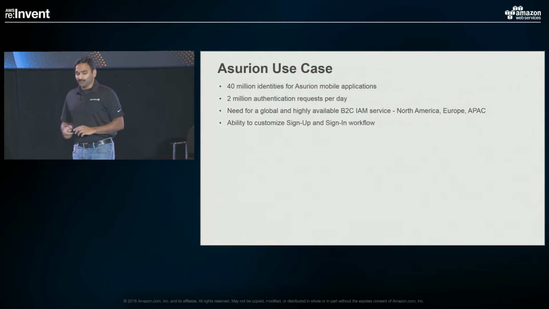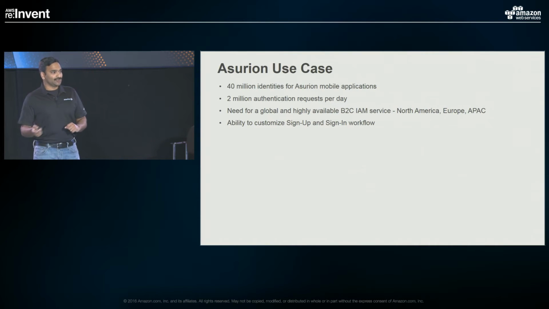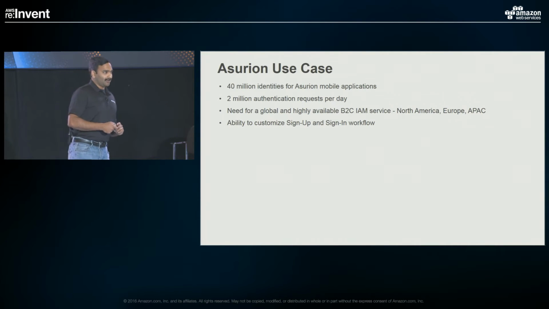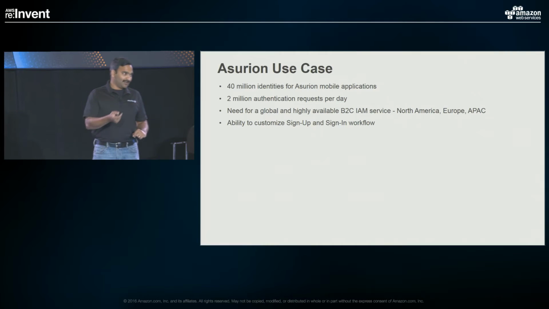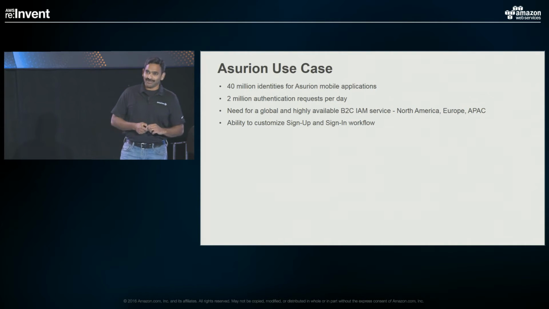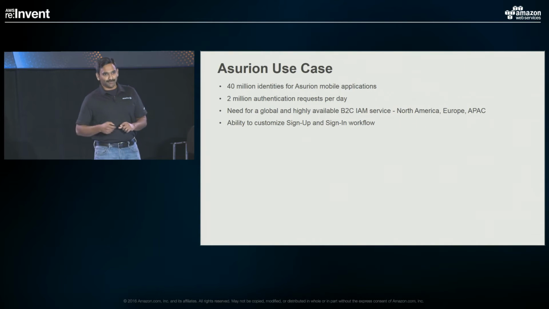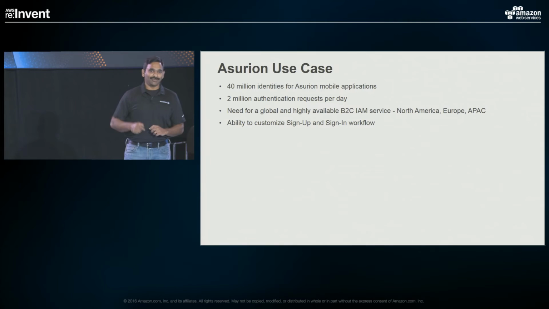So early this year, around Q1, we started looking for a service that we could deploy or use for all our apps, the ones that existed as well as the ones that we were considering building. So we started talking to multiple of our vendors and reached out to our AWS team. And they introduced us to the Cognito team, Tim, Vikram, and Rahul.